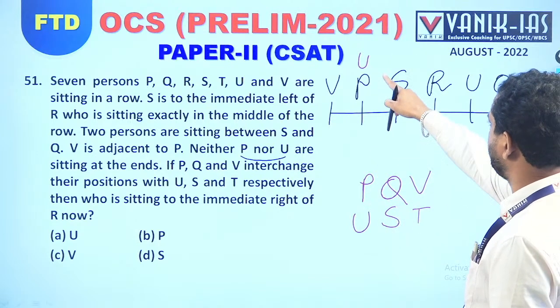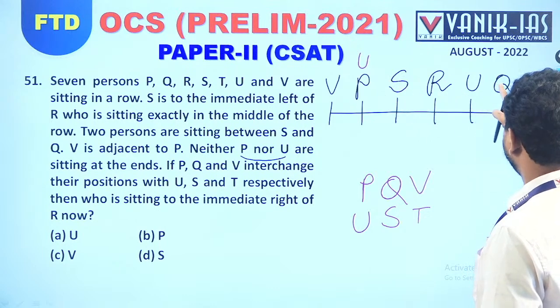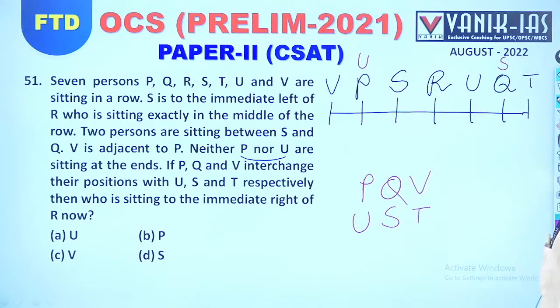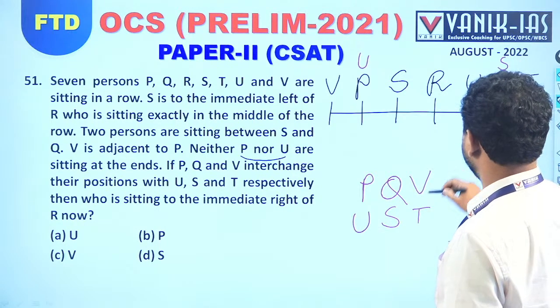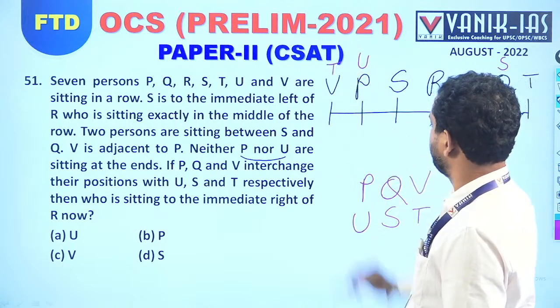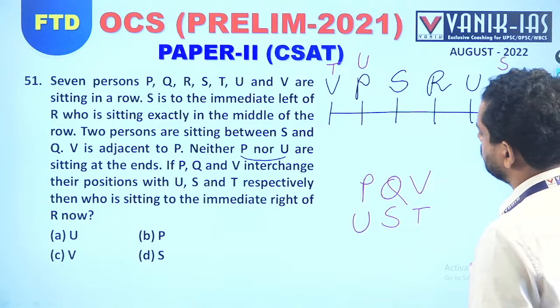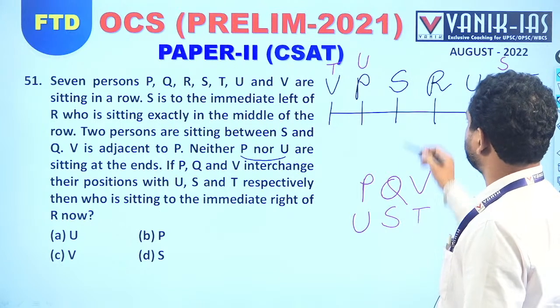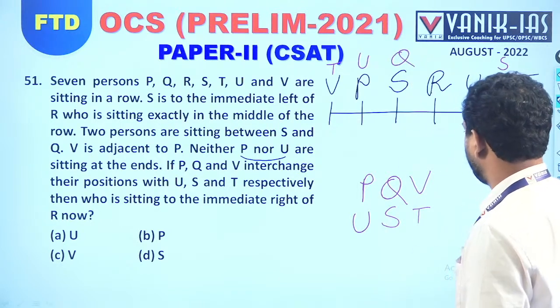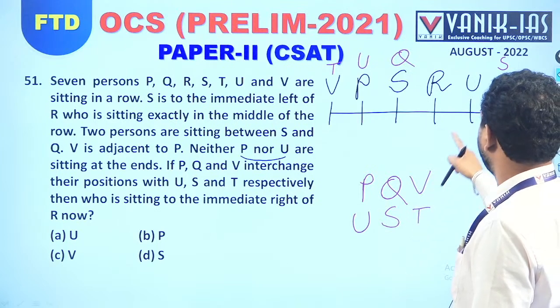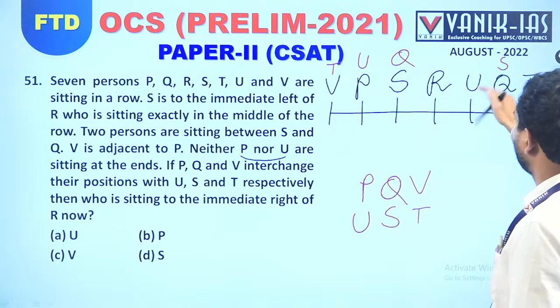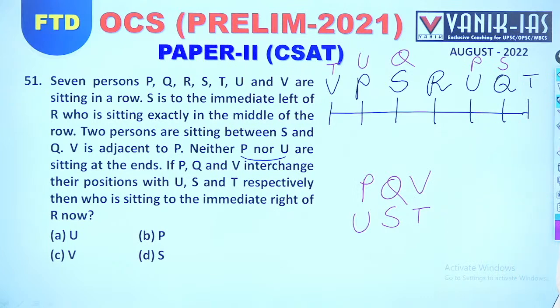P is interchanged with U, Q is interchanged with S, V is interchanged with T. Then accordingly S becomes Q, U becomes P, and T becomes V.